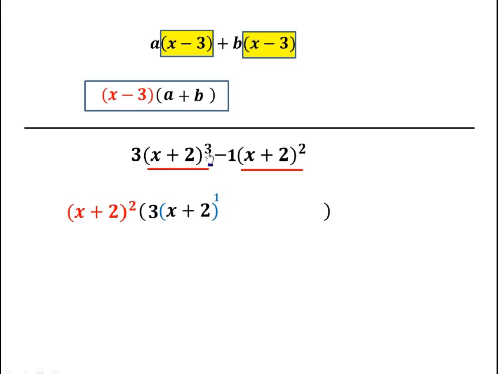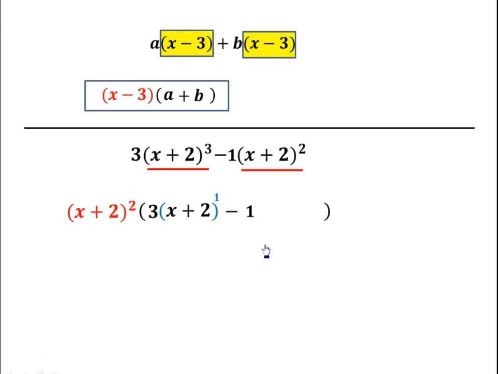Started with 3 of them, factored 2 of them out, I have 1 of them left. Now, if I look at this last part, x plus 2 squared is what I factored out. So this x plus 2 squared is gone completely, and the only thing that's left is the minus 1.